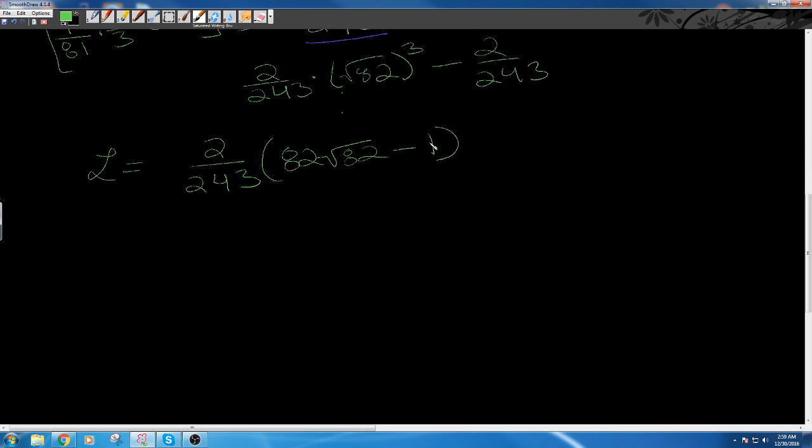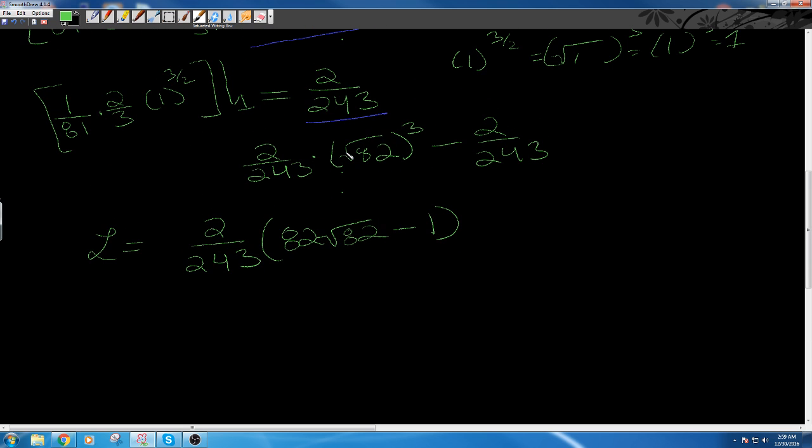Now, if this is screwing with you, just remember that the square root of 82 is just equal to 82 to the 1/2, cubed.